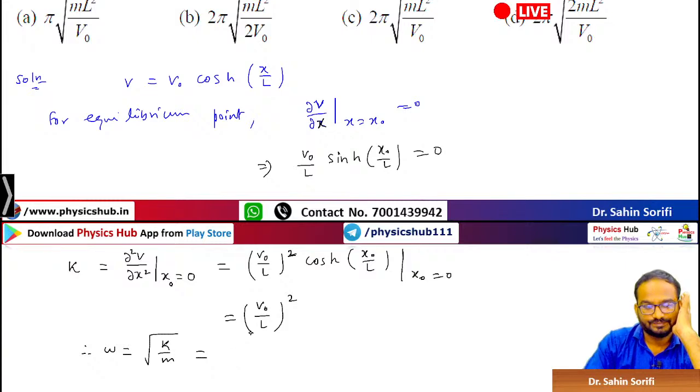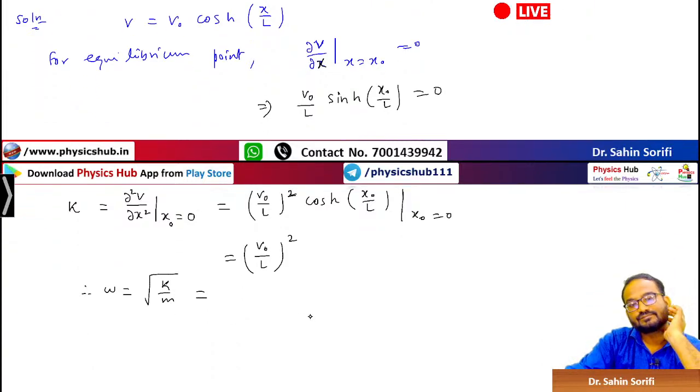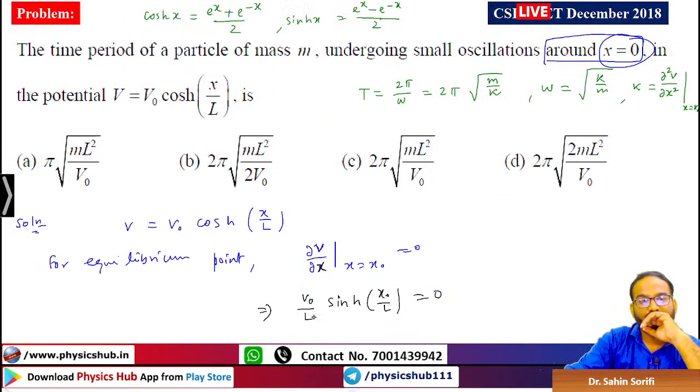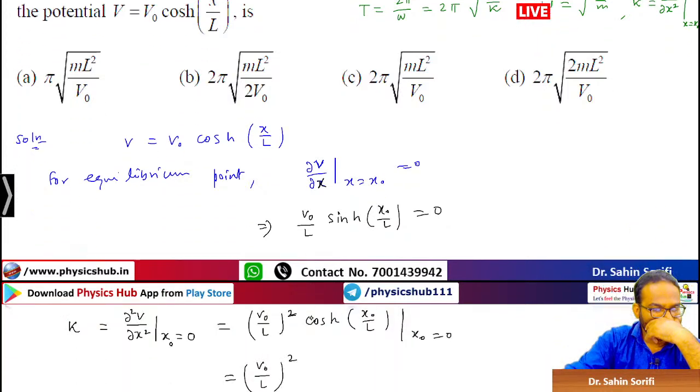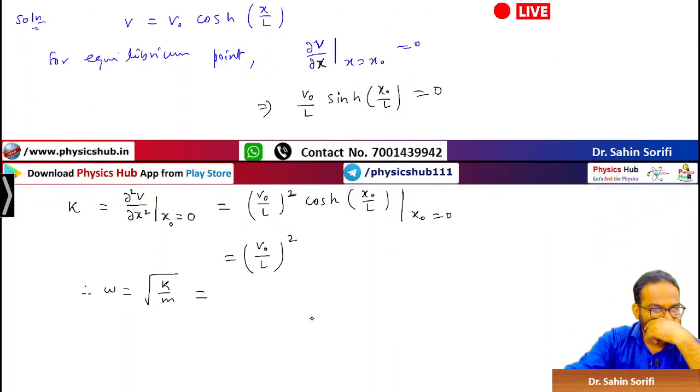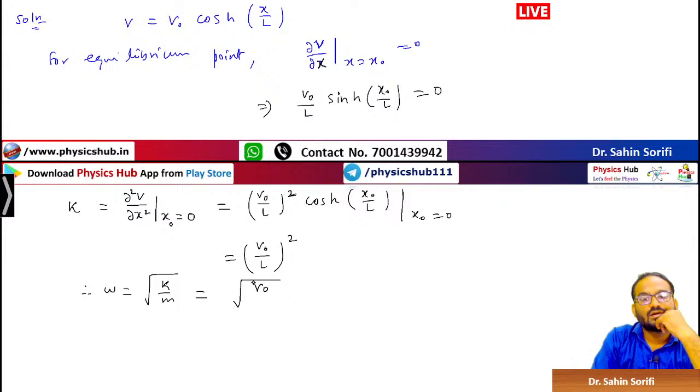So what will you get? Have I made any mistake? Root over k by m. So this is V naught by m L square.